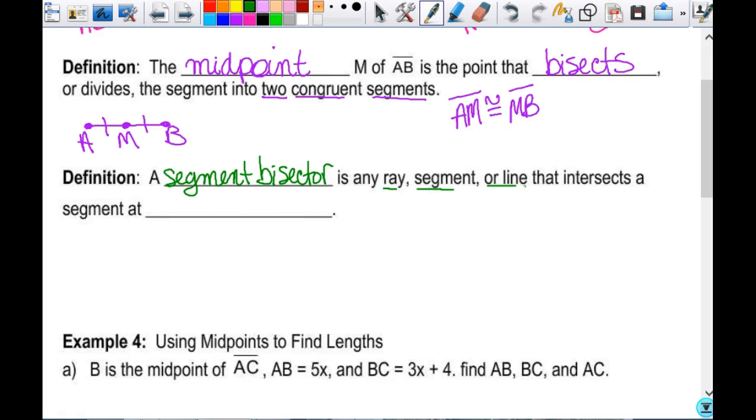The midpoint, right? So a segment bisector is any ray, segment, or line that intersects a segment at its midpoint. Technically, it's the midpoint that does the bisecting, and then those other things just intersect at that midpoint.